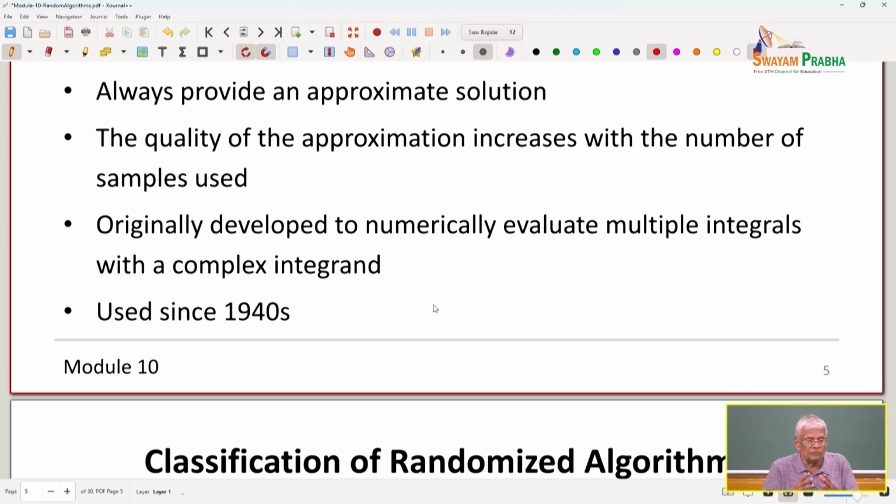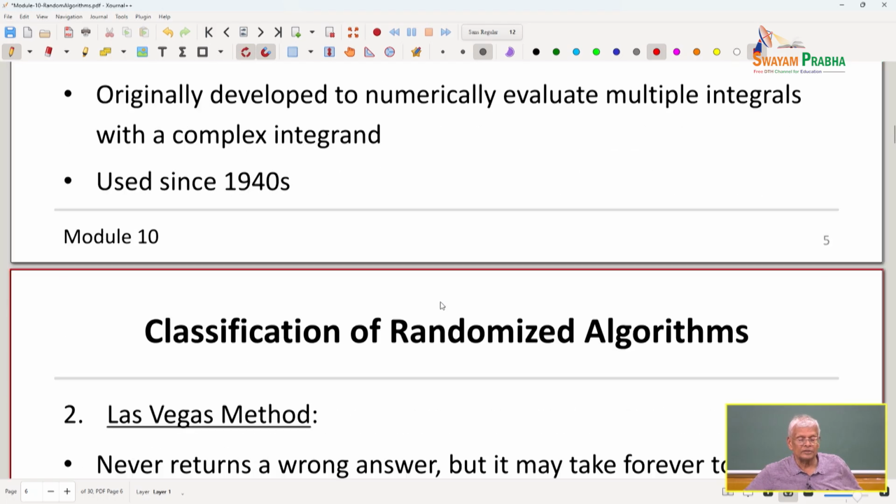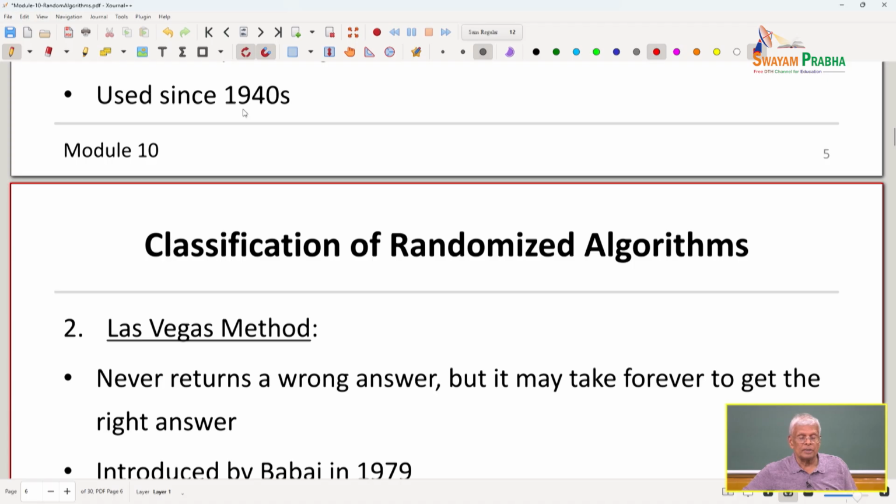Von Neumann and his colleagues working at the Los Alamos National Lab invented this notion of the random number generator. They invented this notion of the Monte Carlo method. They exploited the power of the Monte Carlo method to numerically evaluate integrals with complex integrands. That's the historical starting point. So it started in the 1940s.